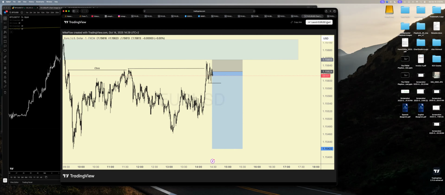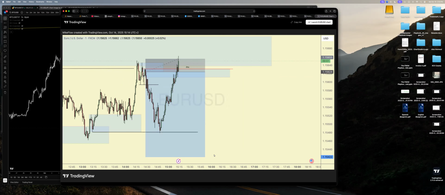The issue with holding this position is that if you don't move your stop and you keep your invalidation up here, you're risking all of this profit for this return, which is a negative risk to reward by default.